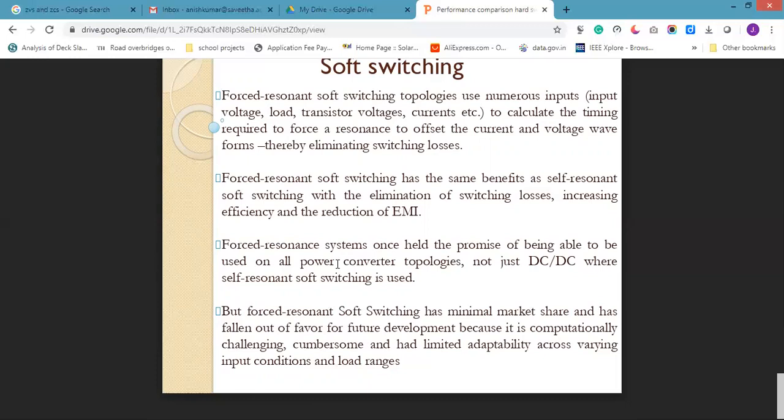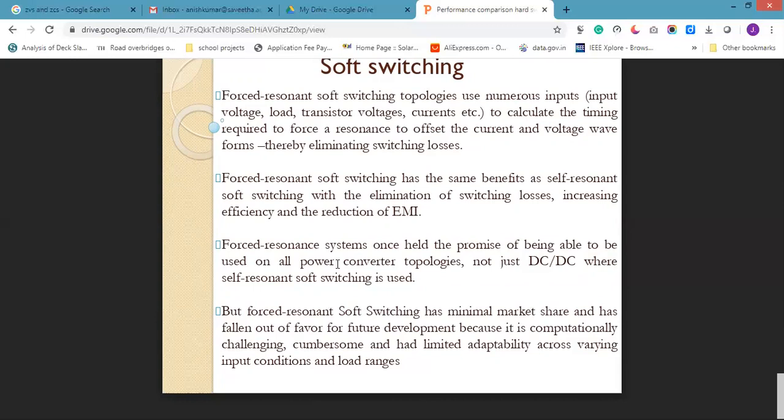For that, we need the input voltage, the load current, the transistor voltage, and the transistor current. Based on these parameters, you can force the current to 0 and the voltage to 0, and we can turn on and turn off the switches. If you use this method, the switching loss is reduced, so we can increase the efficiency of the power converters.